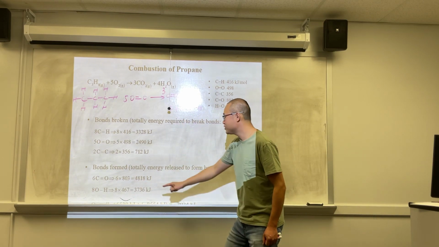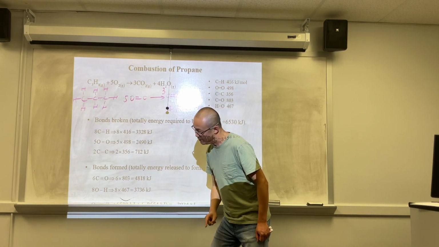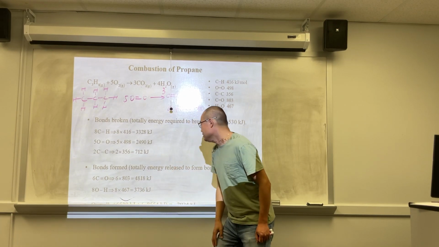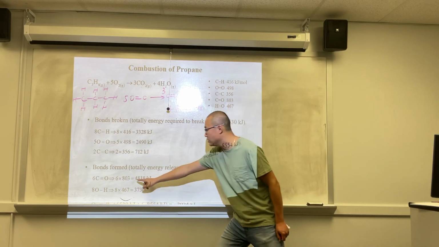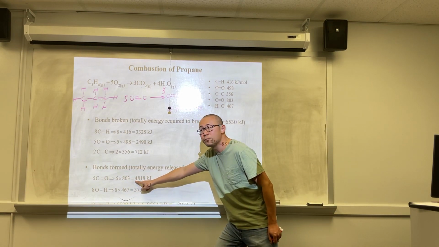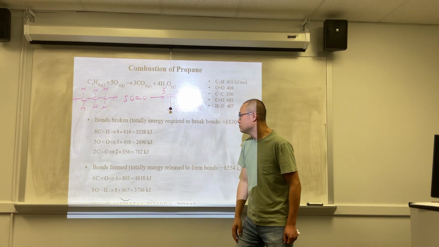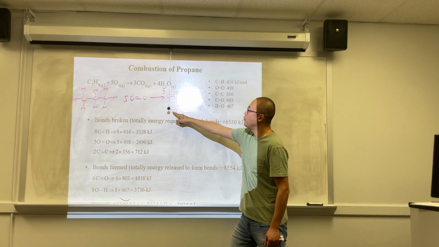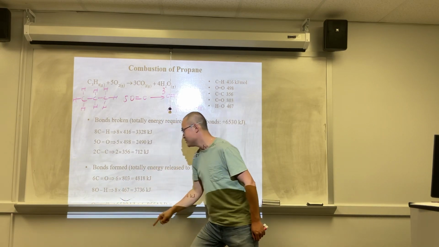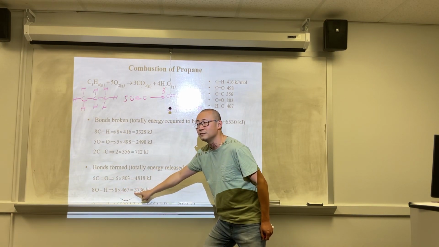Right? This number should be negative. I put negative here, but I should put negative here as well. But you know, these are forming bonds, so the number should be negative. How many OH bonds? 1, 2, but 4 of those should be 8. So 8 times 467, again, is negative.